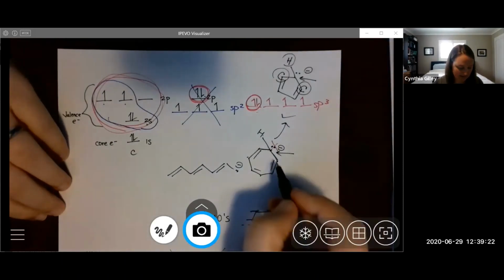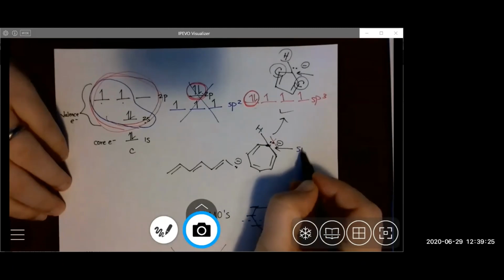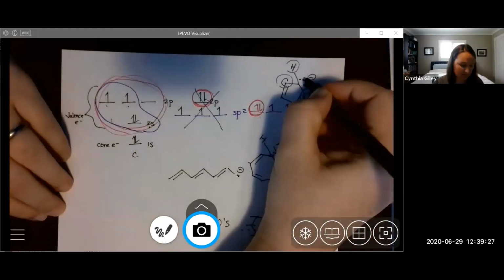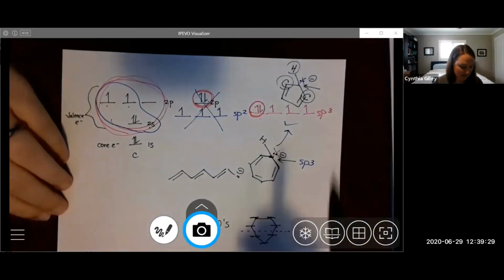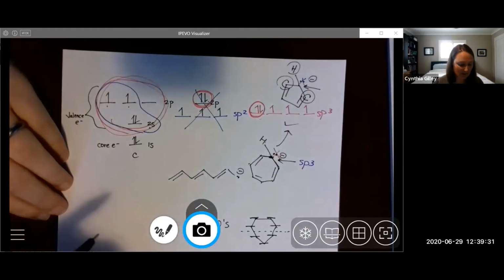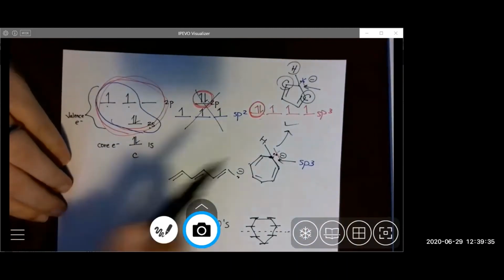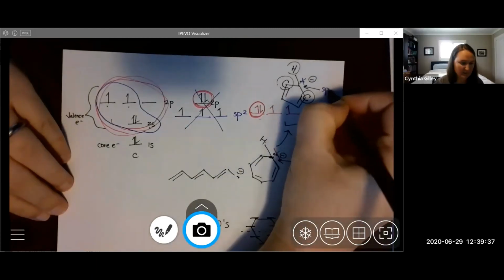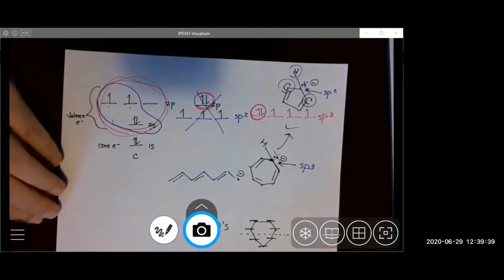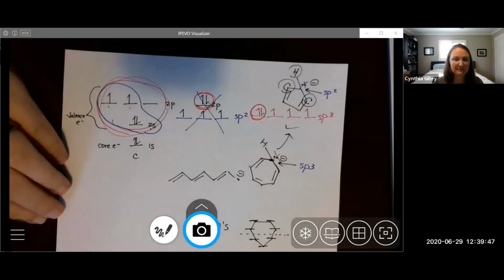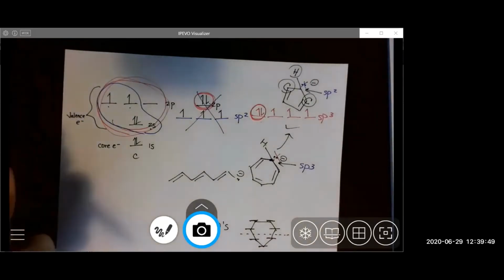That means it's sp3. But you don't count this one. We decided this was actually going to be in the p orbital because that will make it aromatic. If it's in a p orbital, it doesn't count, so this carbon only has a steric number of 3, so sp2. Okay, I don't know why I was so confused that it can be sp3. I thought it only had to be sp2. No, it can be sp3. It makes sense though when you showed that and all that.